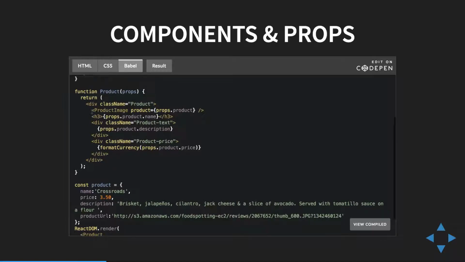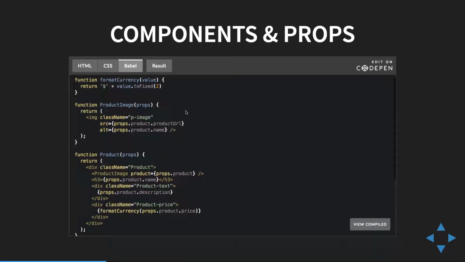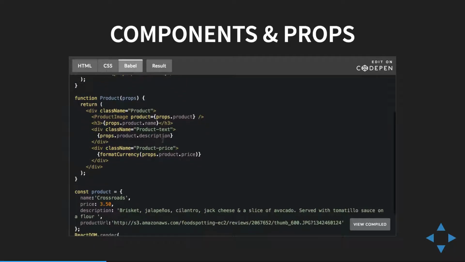You can notice in product image, I'm passing in the product here, and then I'm accessing that here, props.product URL. So you can see how you can take these components and quickly compose them together into greater components.